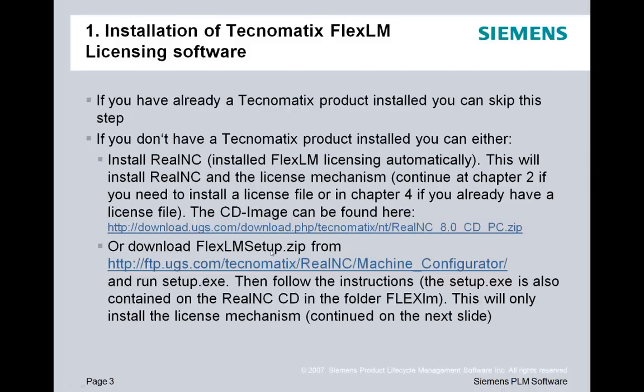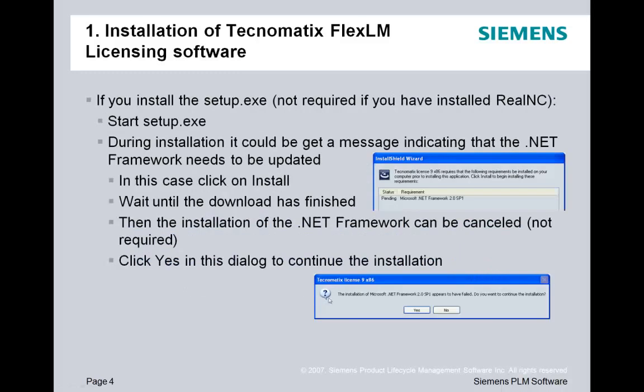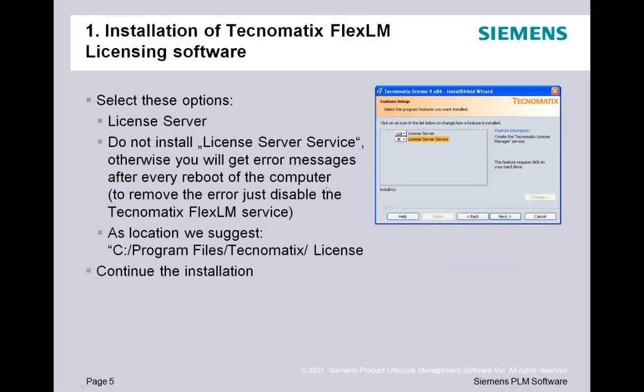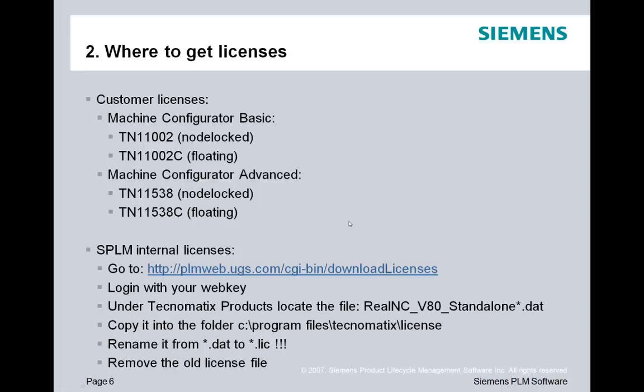That doesn't hurt itself. So download this setup, run the setup, and follow the instructions from this document. With the setup options that you should choose, you should not choose the license server setup. You can do that manually afterwards.